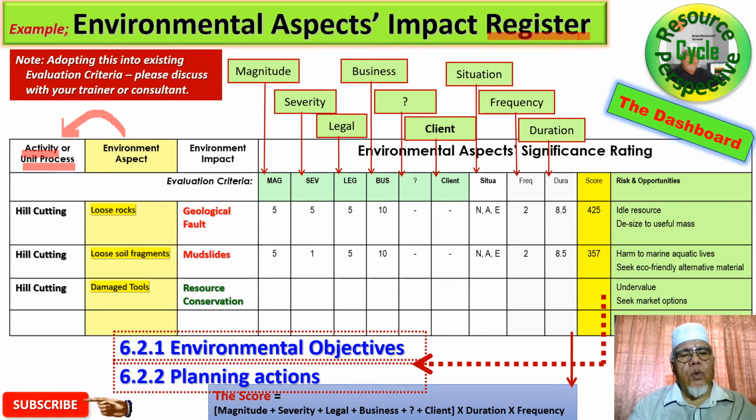And we control this activity by virtue of preventing this environmental aspect. Well, preventing or reducing the probability, hopefully eliminating the possibility of the occurrence of environmental impact due to those release or input of environmental aspects in our process.